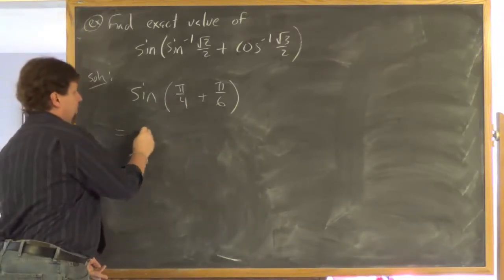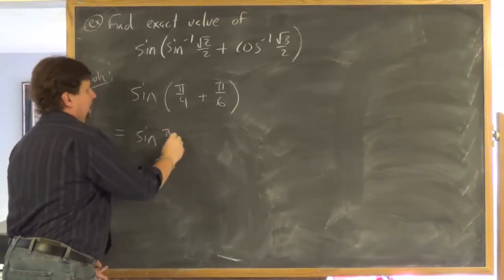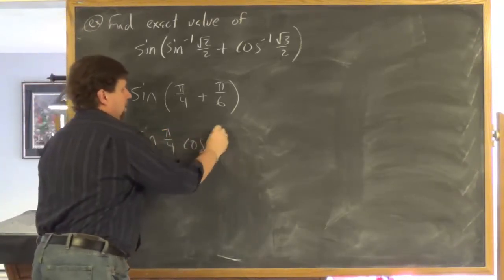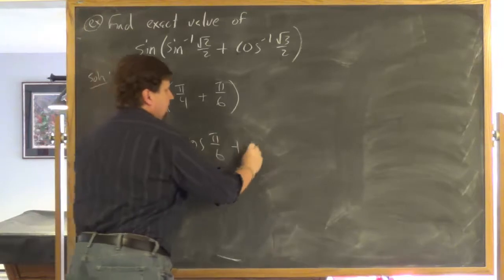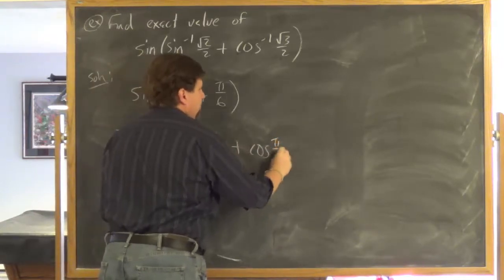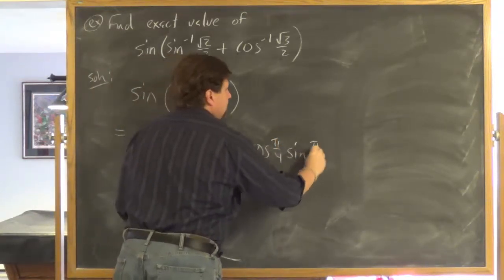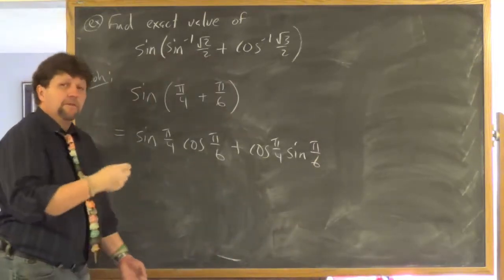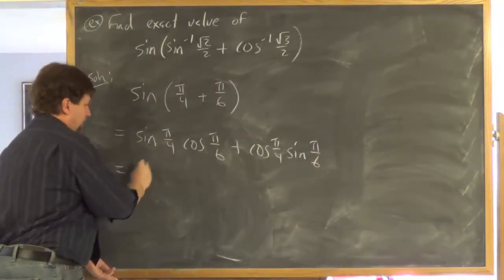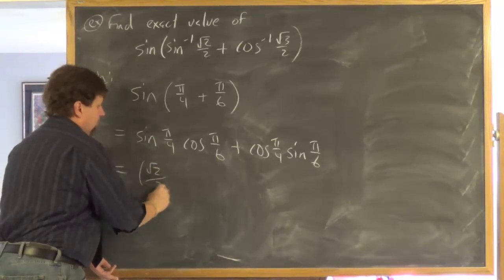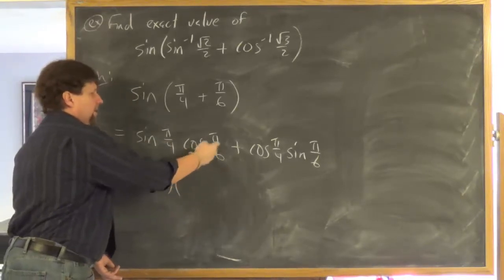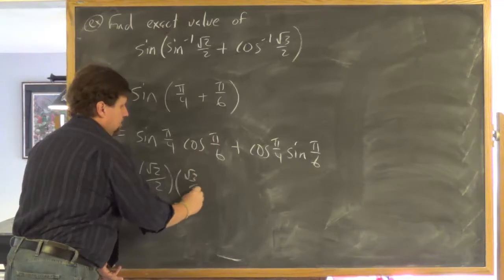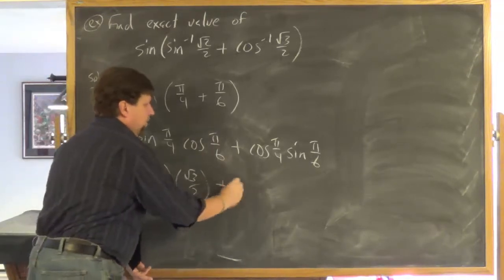We know we can rewrite this as the sine of pi over 4 times the cosine of pi over 6 plus the cosine of pi over 4 times the sine of pi over 6, which we can crank through pretty quickly now. The sine of pi over 4, that's square root 2 over 2, whereas the cosine of pi over 6 is the square root 3 over 2.